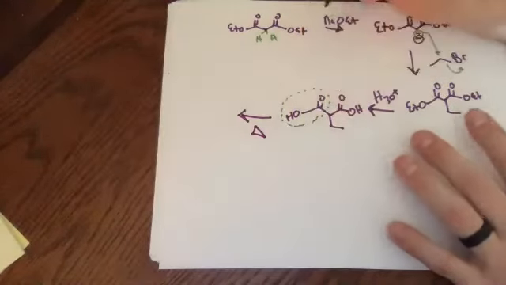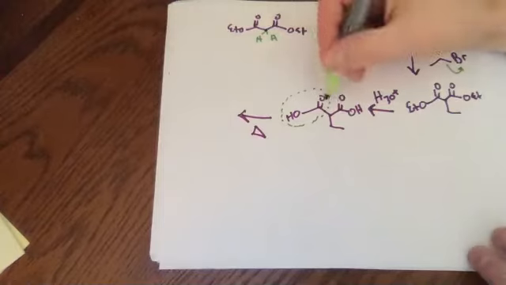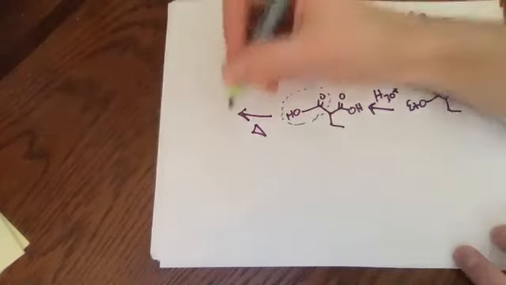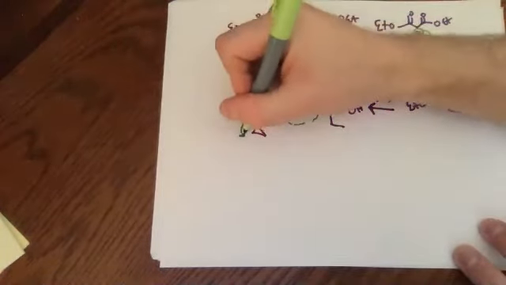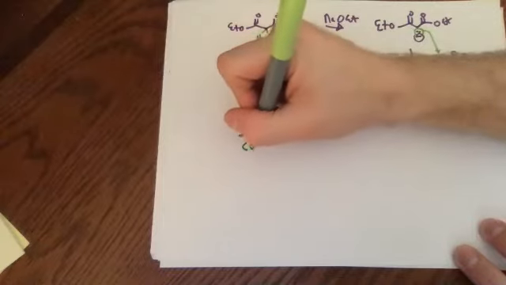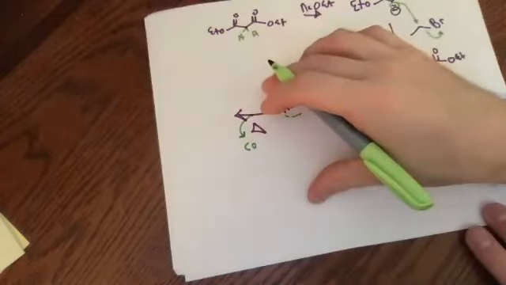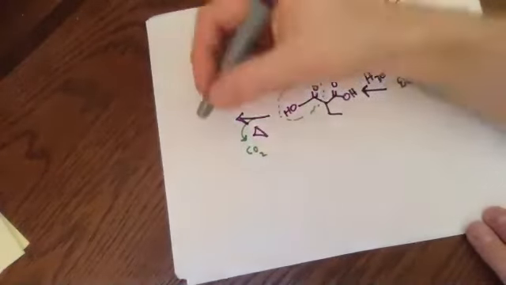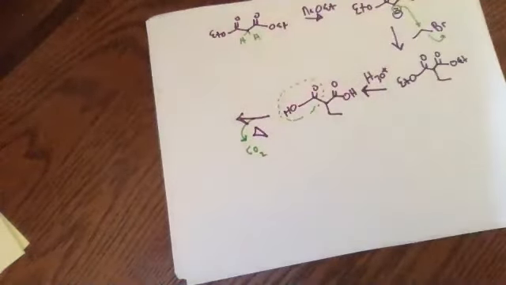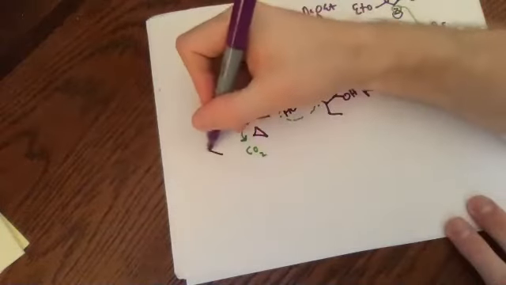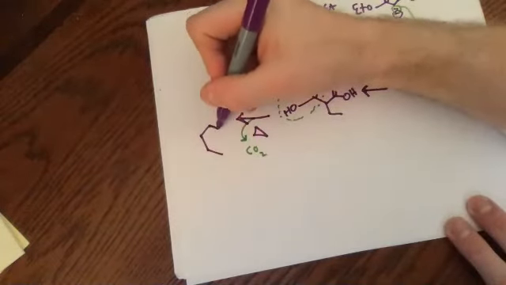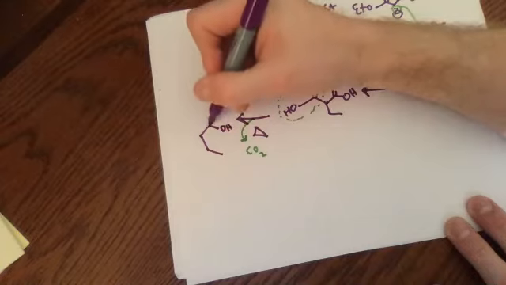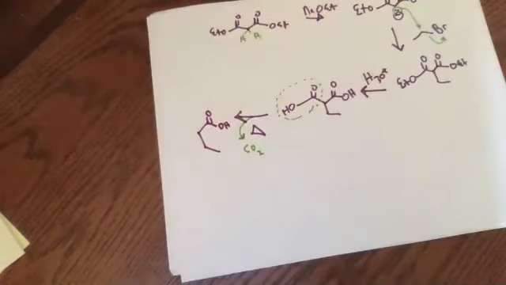It doesn't matter if you do the one on the right here. But if we were to lose this as CO2, helps if the marker's opened. We can get our product.